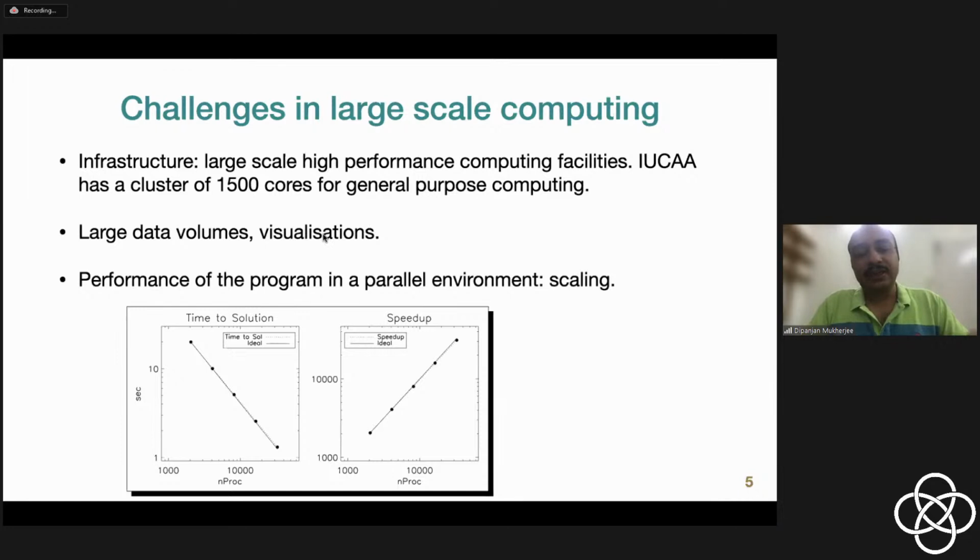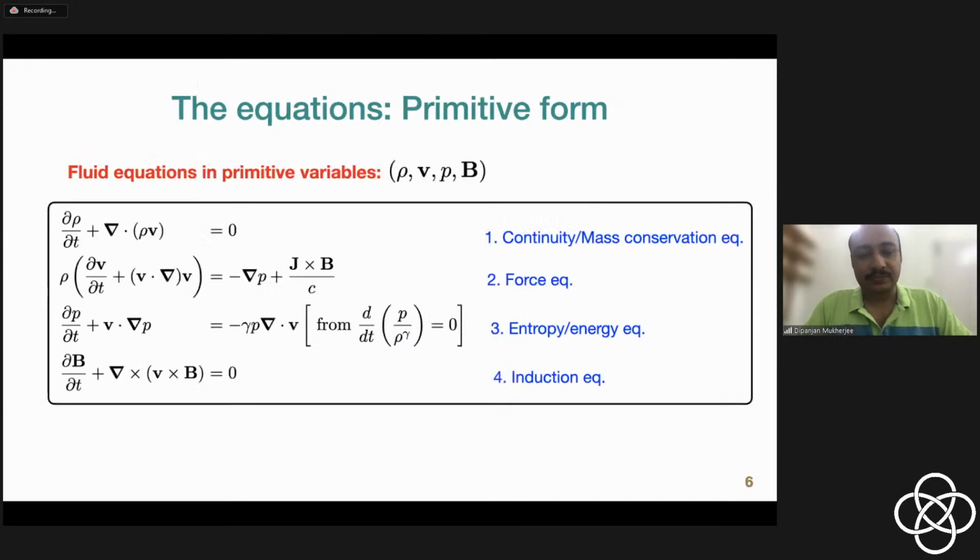So just increasing the number of processors does not always mean that you are running things faster. You have to ensure that the basic algorithm of the code you're developing is also efficient enough to show such scaling properties.